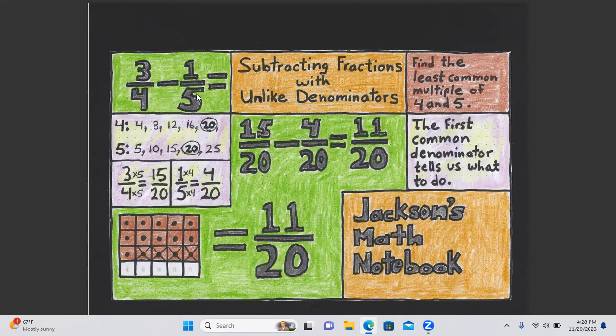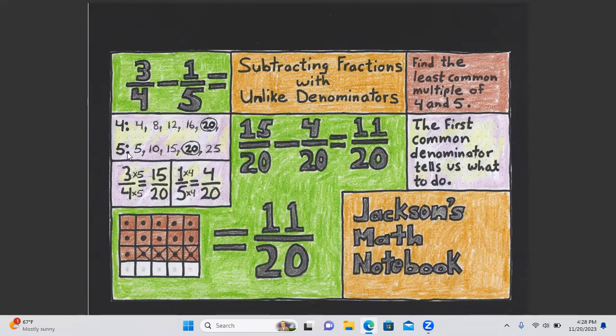Let's take, for example, 3/4 minus 1/5. We're just going to count by fours because it's the denominator in 3/4, and we're going to count by fives because it is the denominator in 1/5. When we count by fours, we'll go 4, 8, 12, 16, and 20.